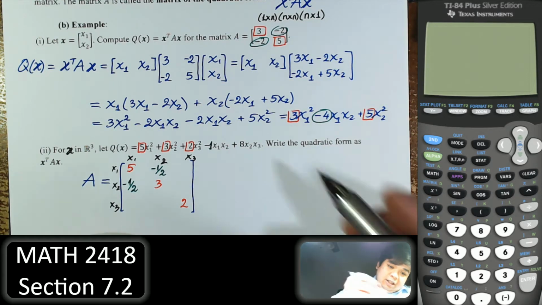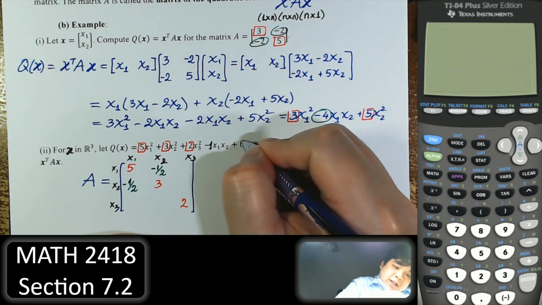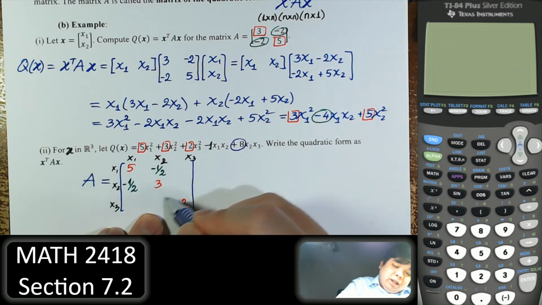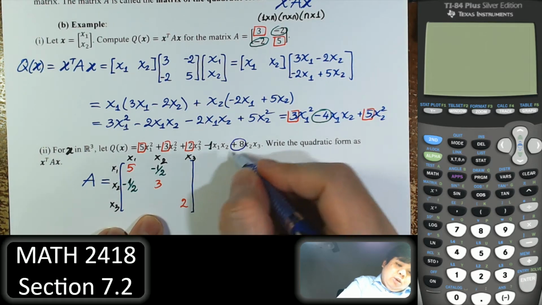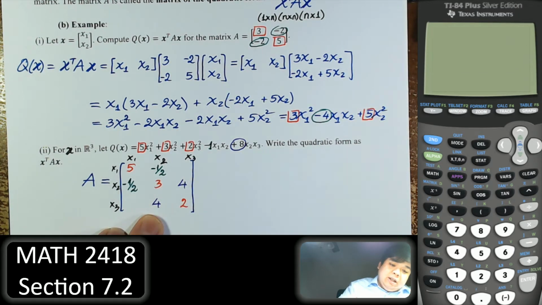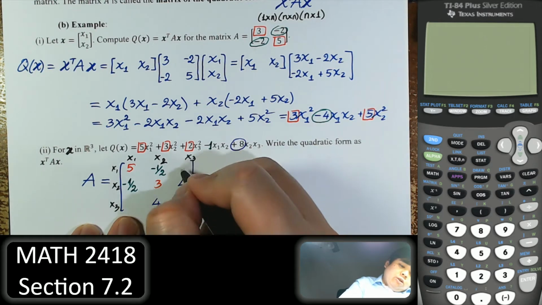And then here we have 8, which is 2 and 3, so 2 and 3 is going to be here and here. We'll split that in half. And then for 1 and 3, we do not have anything, so we're just going to put 0.